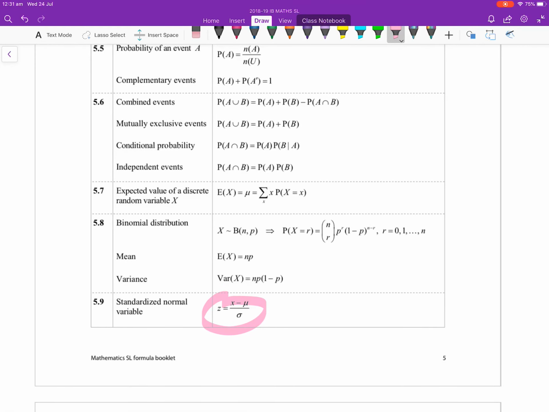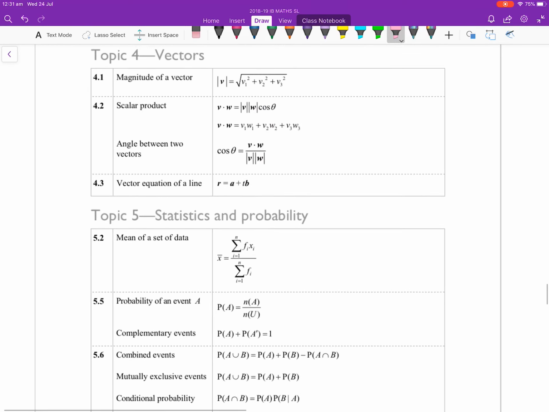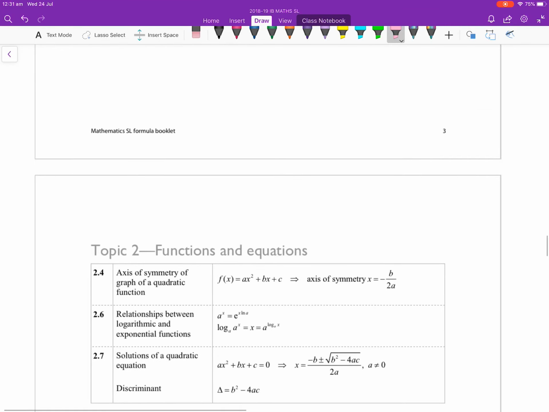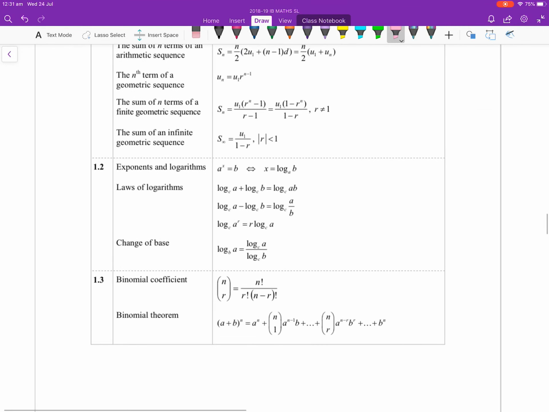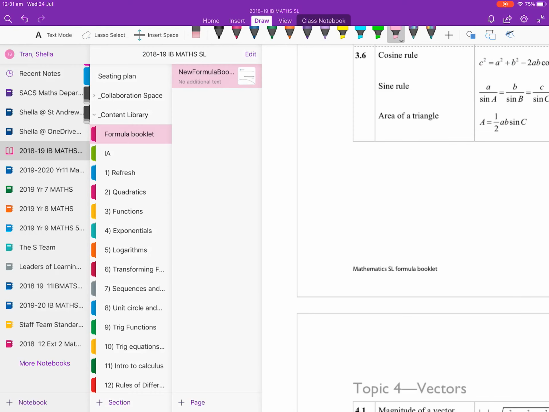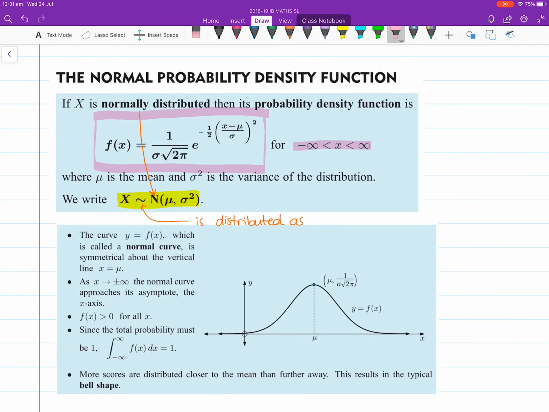But I think it looks like that one is not in your booklet. So you might have to remember that one, actually. There we go. Okay, so we might need to remember this one, I think. The probability density function for the normal distribution.